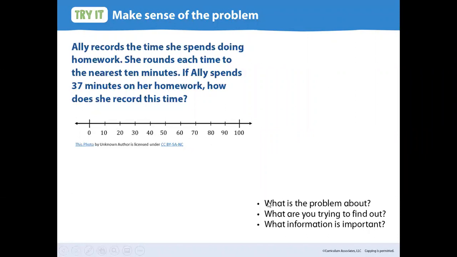And what information is important in this problem? The first thing that we see is that Allie is going to round each time to the nearest 10. So we will be looking at the ones place to determine how we round. Next, we know that Allie spends 37 minutes on her homework.